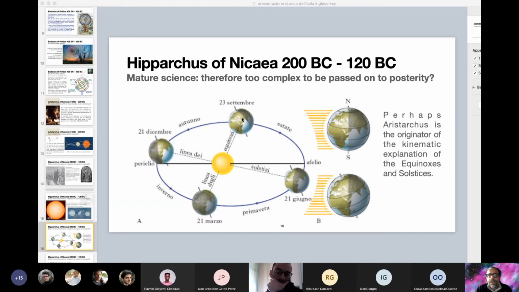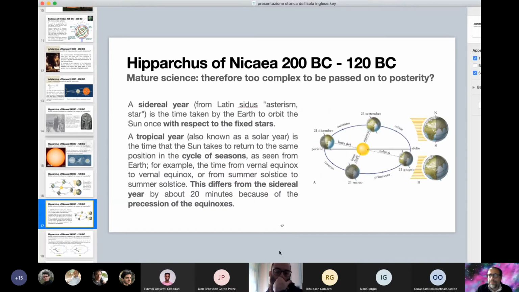Okay, so look how clever this conjecture is. In this way, you describe a phenomenon which is without any explanation in terms of a more sophisticated model in which you have the sun in the center and a complicated motion of the Earth around the sun. Okay.